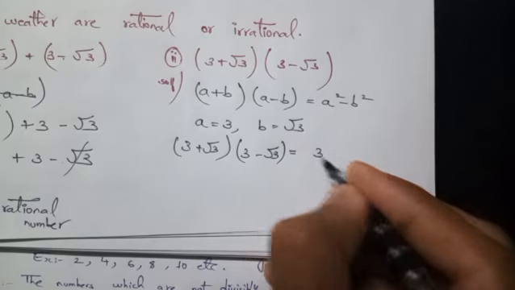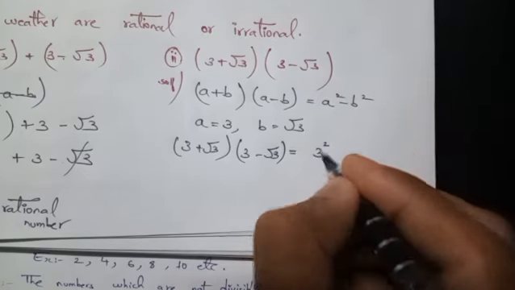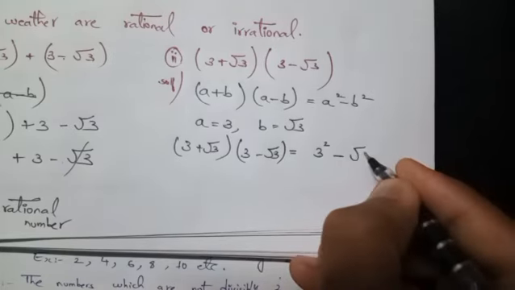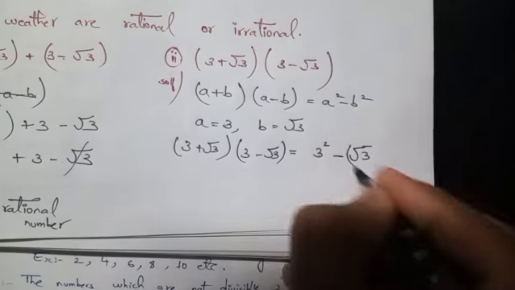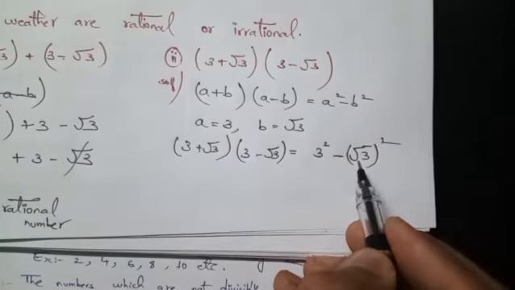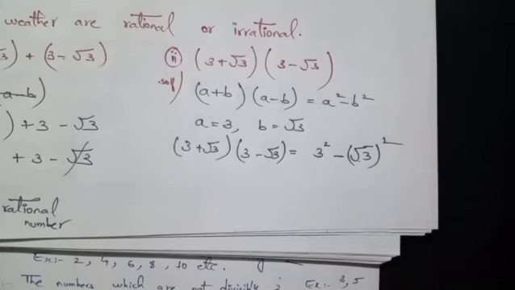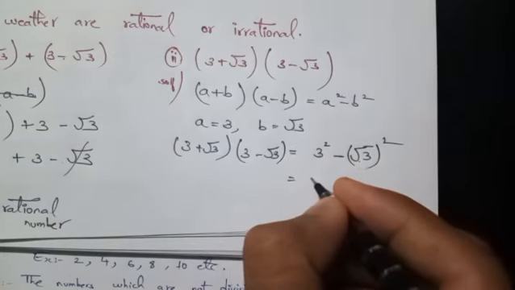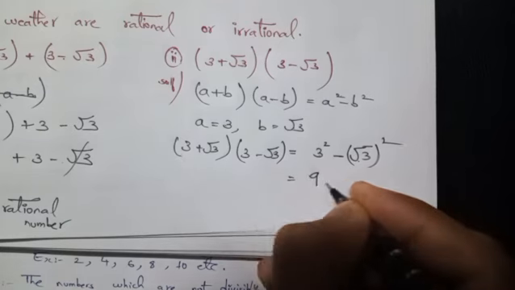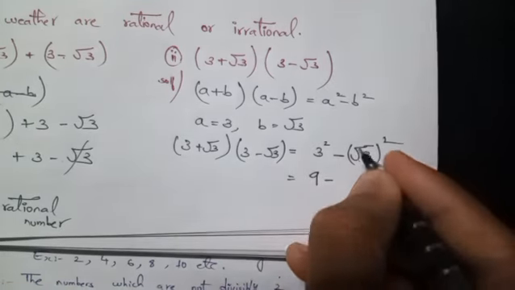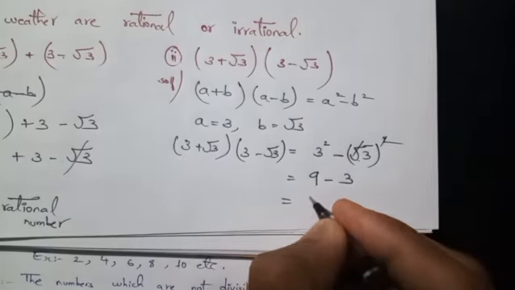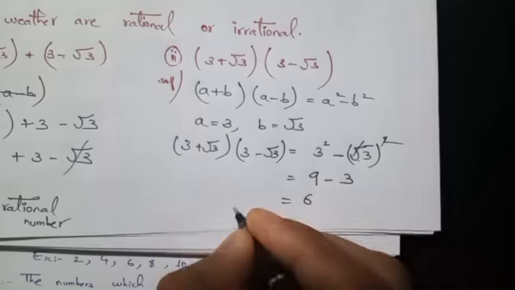What is a? 3, squared, minus b, root 3, squared. I am just substituting the a and b values in the a square minus b square formula. Now what is 3 square? Square means you multiply that number with itself. 3 times 3 is 9, and this is the rule, square and square root will be cancelled. So the answer is 3. 9 minus 3 will be 6. 6 is a rational number.